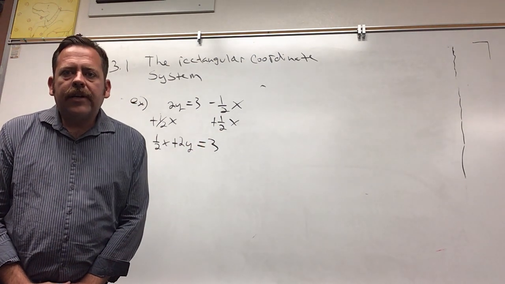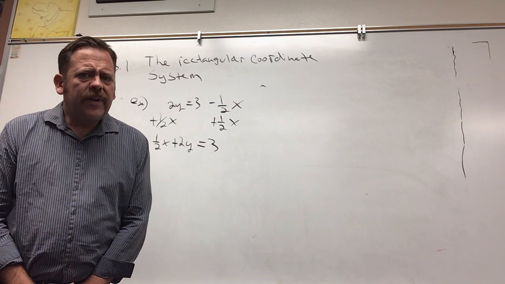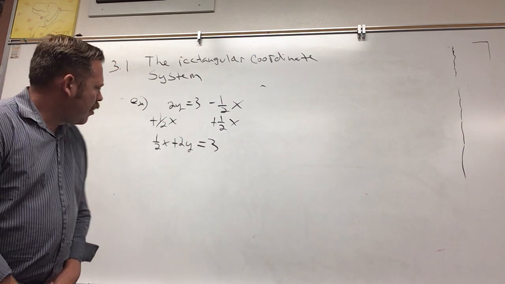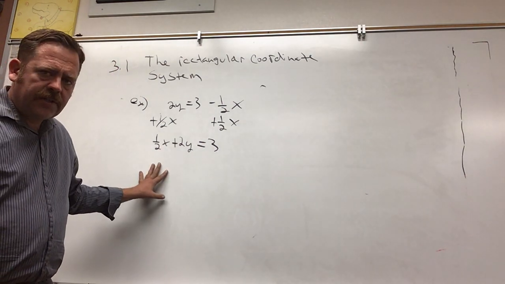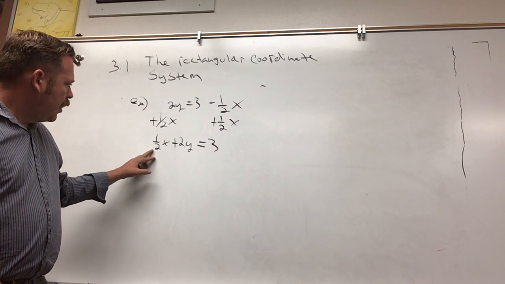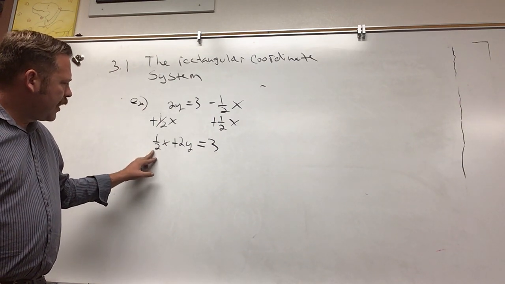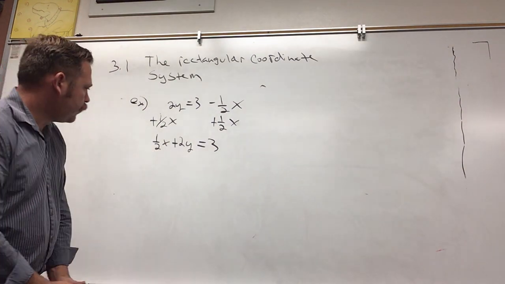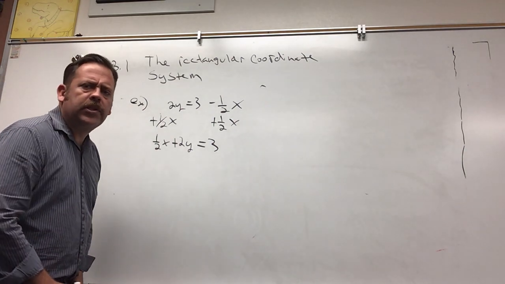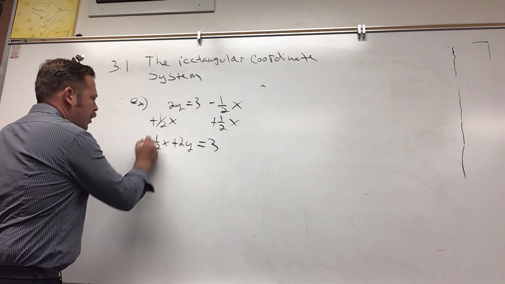It's still not in standard form, is it? But it's a pretty easy fix from here. All I have to do is get rid of all the fractions. The lowest common denominator of all the fractions is 2. So I'm going to multiply everything on both sides of the equation by 2.